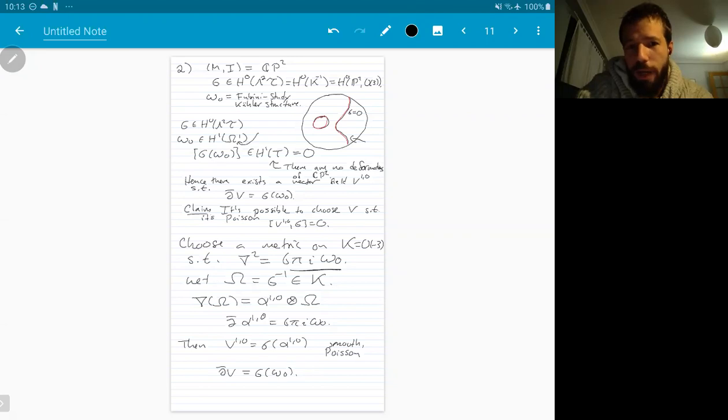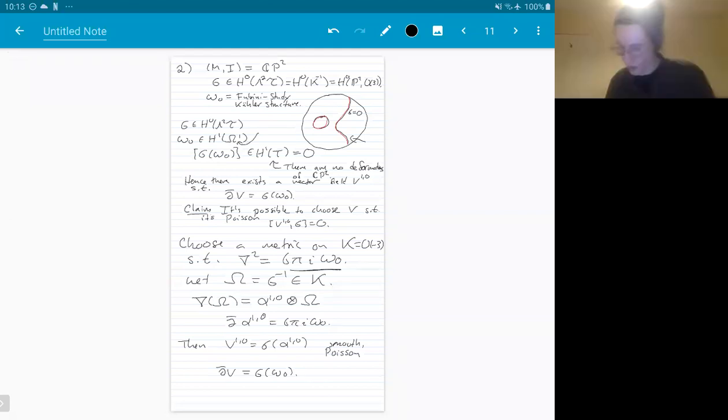But you're not claiming that this is a... Okay, so it's just some singular holomorphic symplectic form. That's right. So that's the interesting thing.